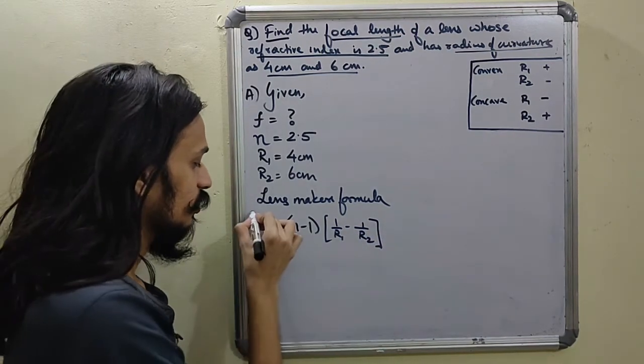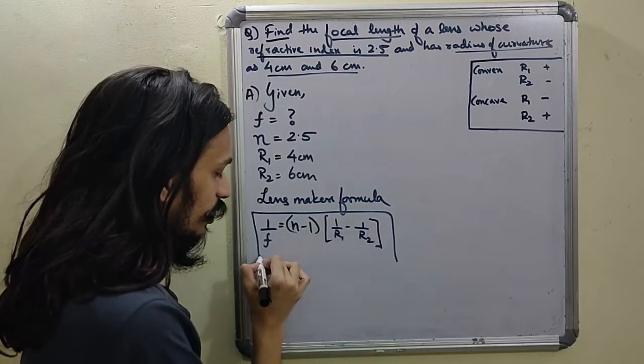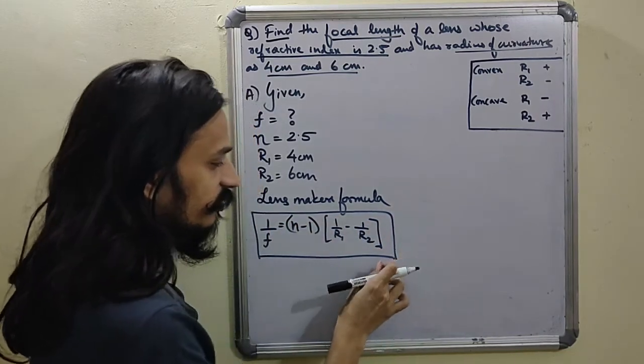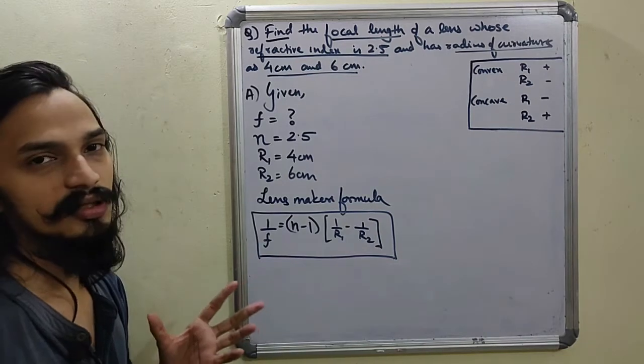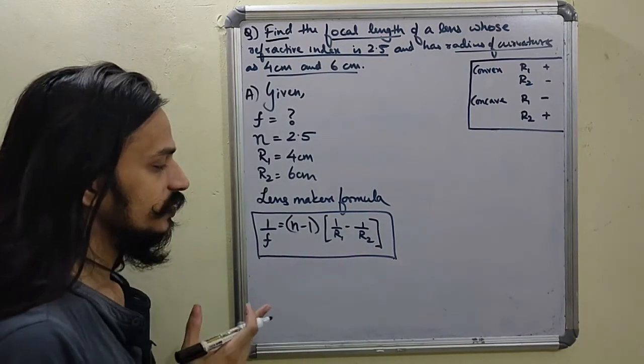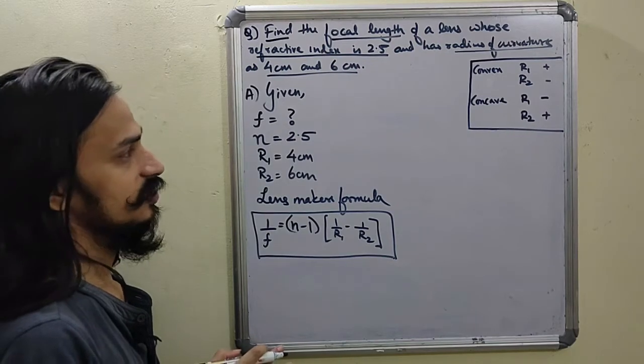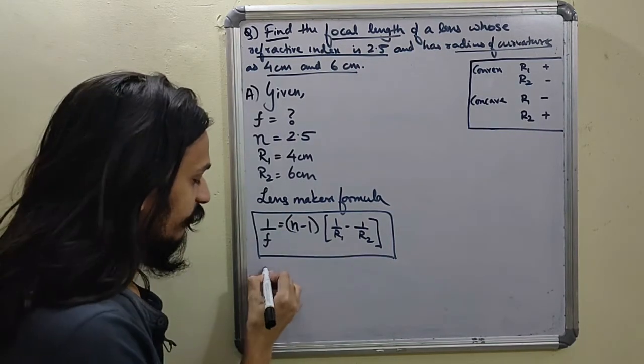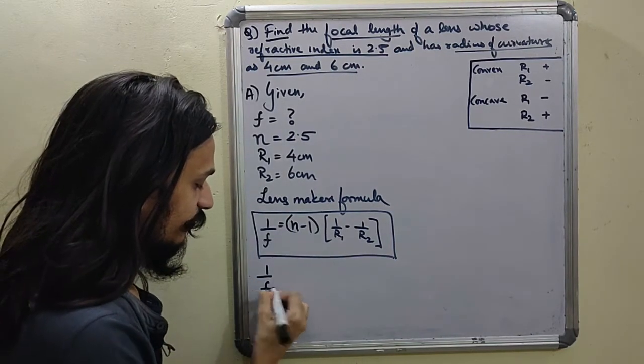Right? Make sure you know the formula with the correct symbols and the correct fractions. One symbol wrong makes the whole answer wrong. Now we simply substitute all the values that we know.